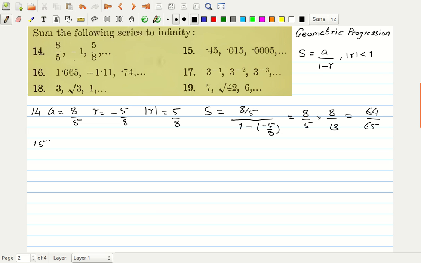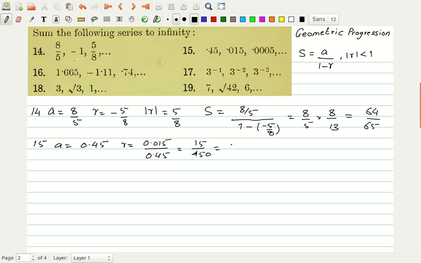Let us look at problem number 15. A is equal to 0.45, r is equal to 0.015 divided by 0.45. This is actually equal to 15 divided by 450. I have simply multiplied both the numerator and the denominator by 1000.